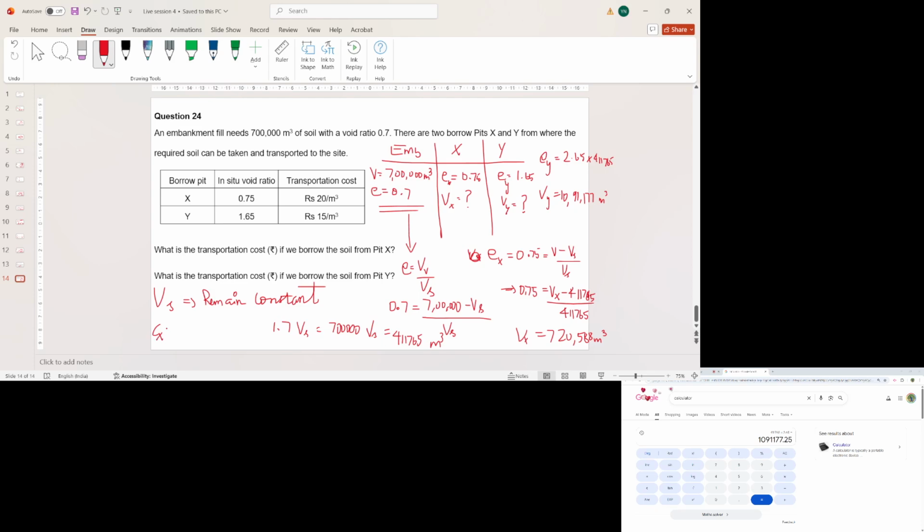Now, cost of X is going to be 20 into Vx, and cost of Y, sorry, cost of Y is going to be 15 into Vy, which is computed, into 15.